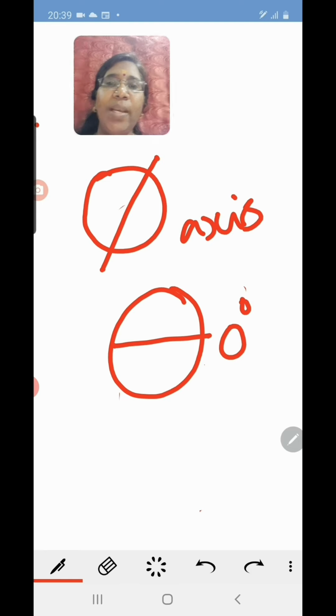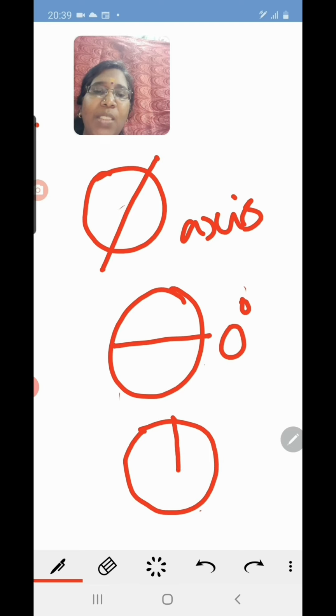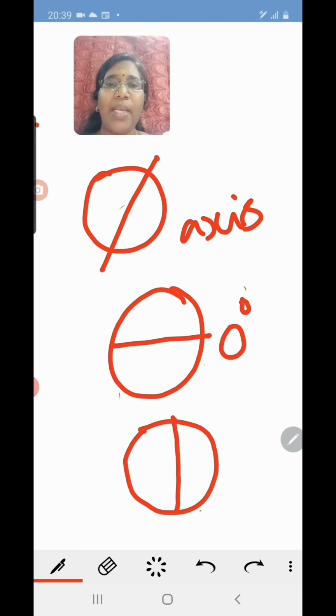It's a horizontal line which passes through the middle of the earth and divides the earth into two equal halves. Then another important line is the vertical line which passes through the middle of the earth and divides the earth into two equal halves, that is the prime meridian.